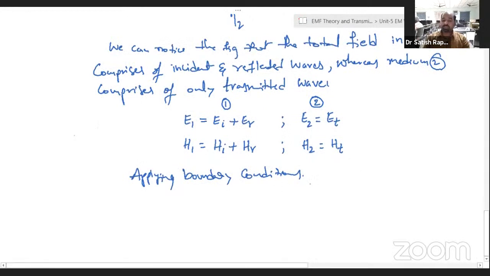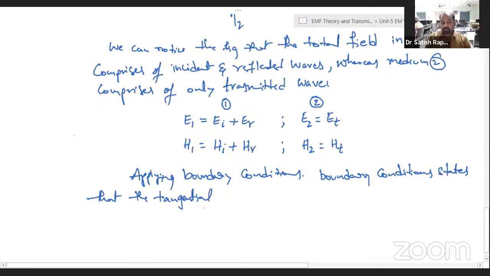So boundary conditions state that the tangential components of electric field and magnetic field are continuous, right?